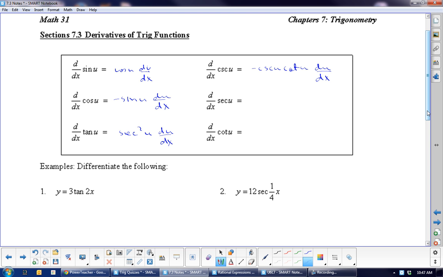And secant u is secant u tan u du over dx. Okay, and then cotan u is negative cosecant squared u du over dx.